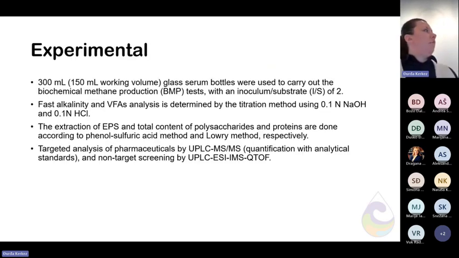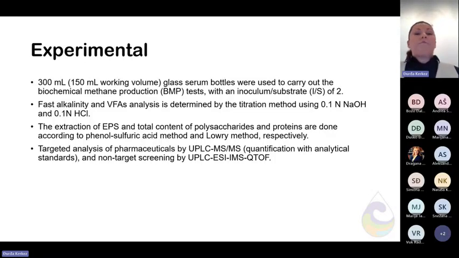So the experimental part is next. We used the standardized biochemical methane production test with 300 milliliter glass serum bottles, and we used an inoculum to substrate ratio of 2. Those experiments were performed in anaerobic thermophilic conditions and lasted for 10 days.